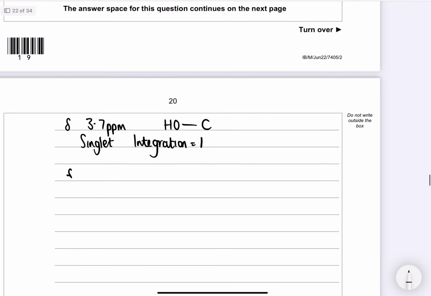Then we had our delta 2.1 parts per million that was integration 3 and singlet. Okay, so 2.1 was RC double bond O, C's with H's. The fact that it was 3 meant we're going to put 3. And the fact that it was singlet would be no adjacent H's.